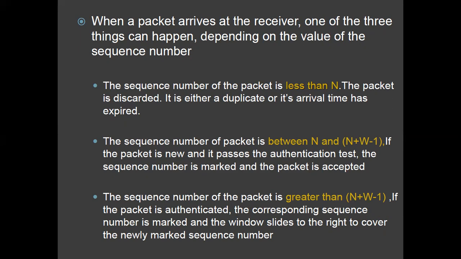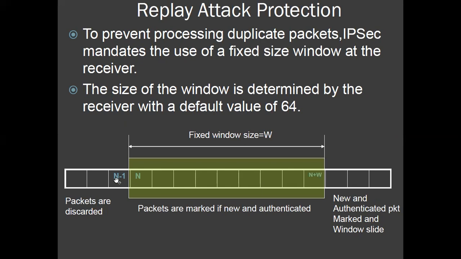This puts the packet inside the window, in the shaded region. In this case, if the packet is new, not marked, and it passes the authentication test, meaning the packet is authenticated at the receiver side, then the sequence number is marked and the packet is accepted. Otherwise, we have to reject the packet.